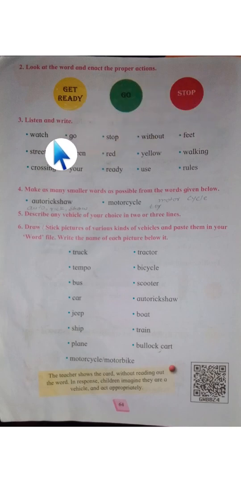Then listen and write. You have to write these words one time only as they are. Then make as many smaller words as possible. From auto rickshaw, what smaller words can we make? Auto, rickshaw. From motorcycle we can make motor and cycle, and many words like toy and various other words. Then the last one, draw and stick pictures.